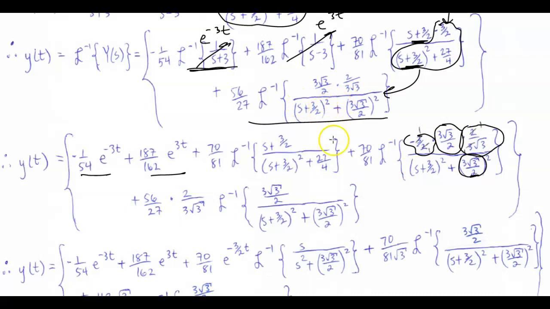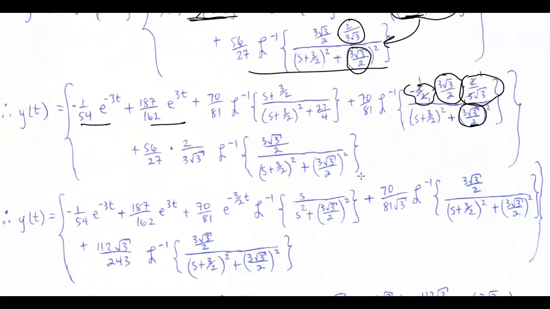For this term here, kind of the same thing. I needed this particular number here to be in the numerator. So I have to multiply times the reciprocal to force that to balance out to be 1.